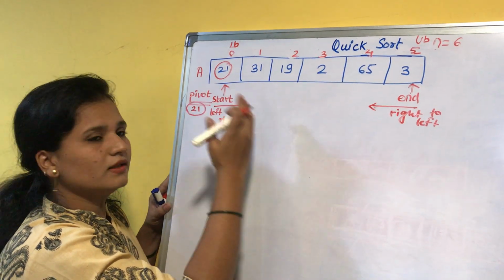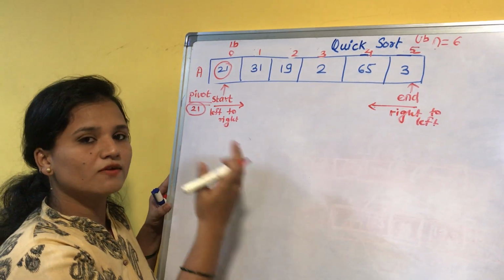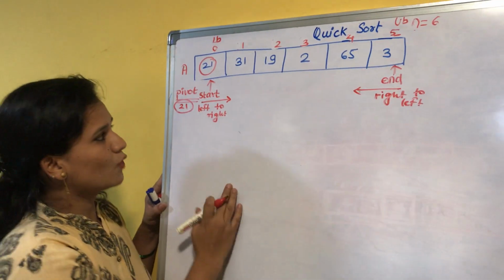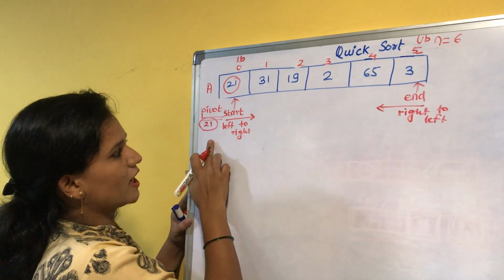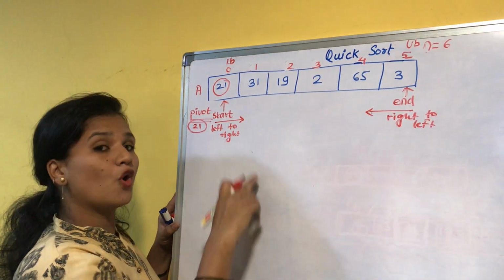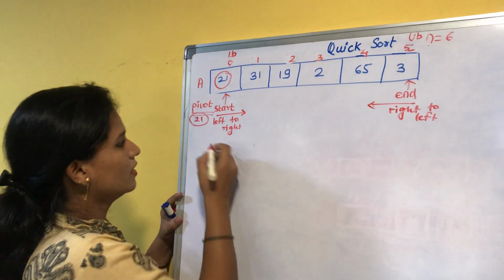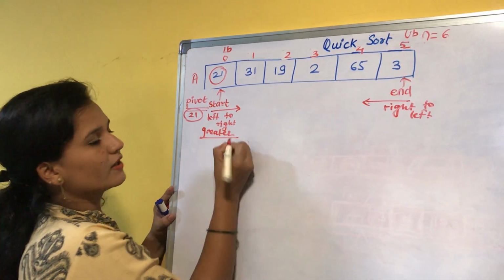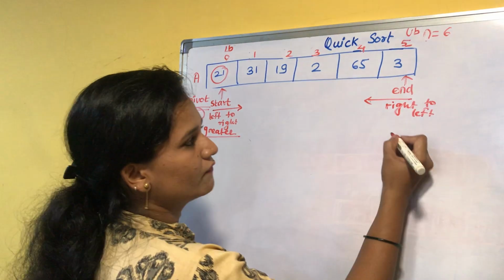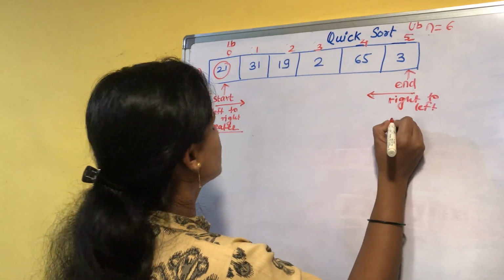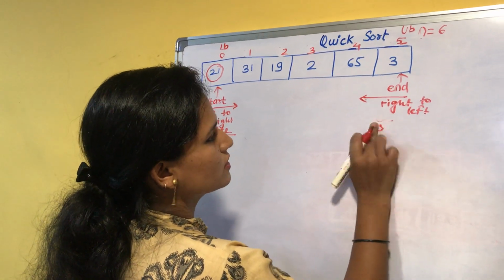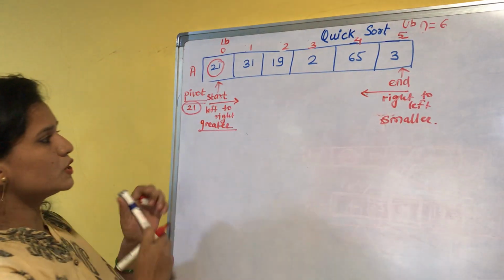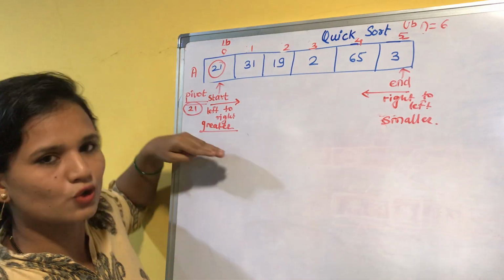If again the next element is also greater than or equal to the pivot, again we increment the start. It means you have to traverse left to right and search for the greater element, and traverse from right to left and search for the smaller element than pivot. Once you get the greater element you have to stop there.